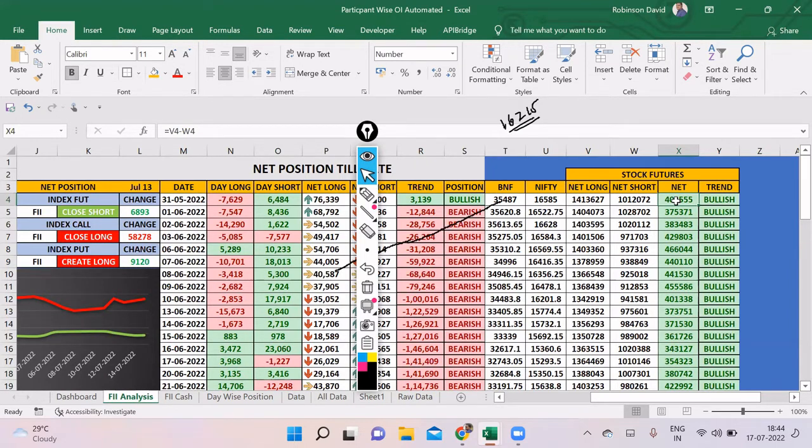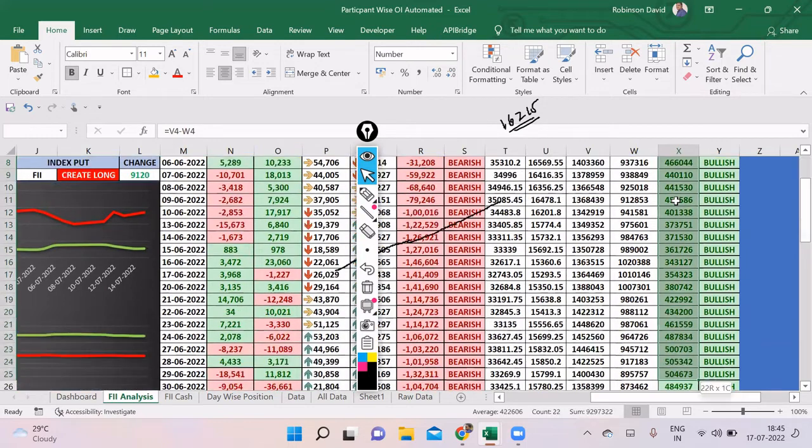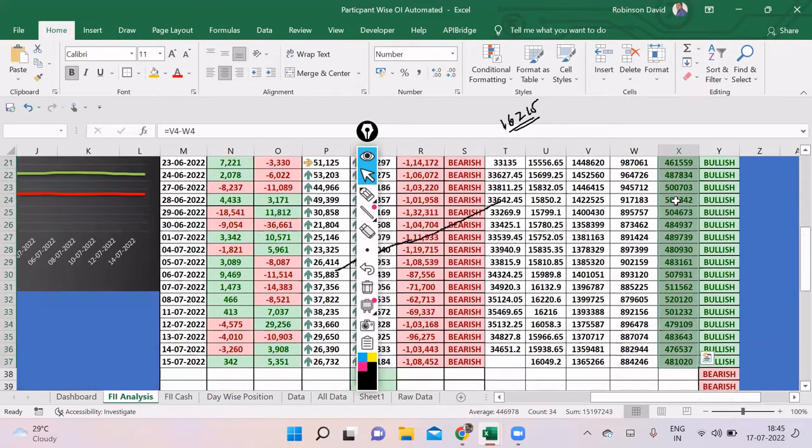If you look at stock futures, this data is from 31st of May. Even before that, the stock futures data was still bullish. If you look at the difference between the net long and the net short, it is always net long, and this figure keeps on increasing or stays at that place every day, every week, and every month.